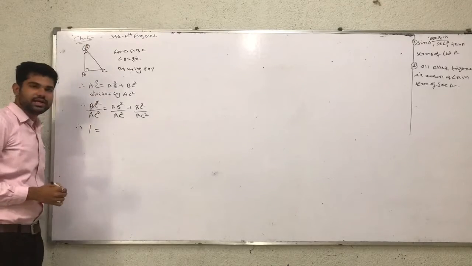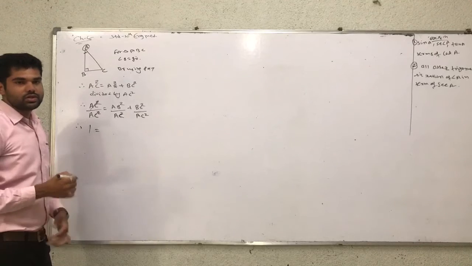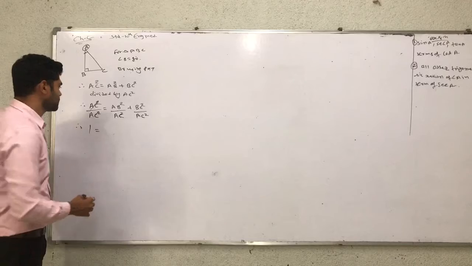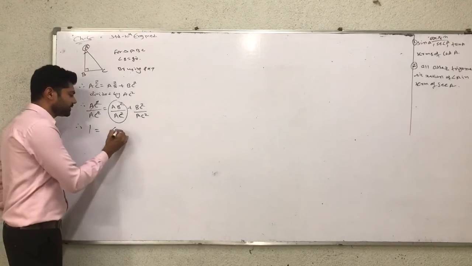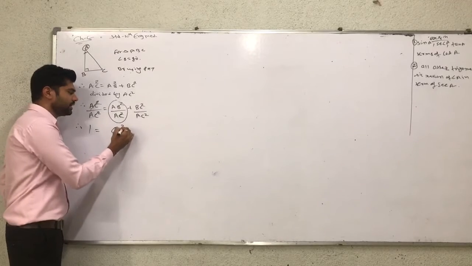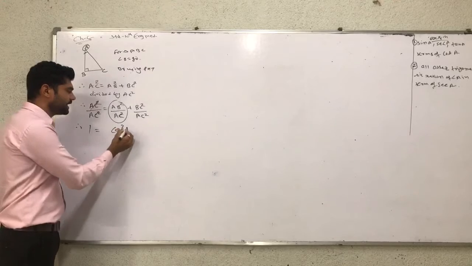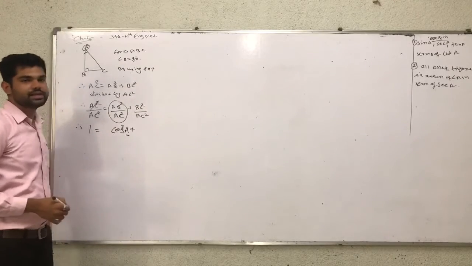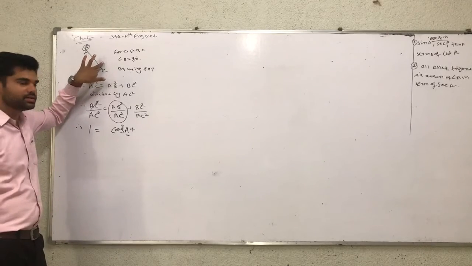AB means the adjacent side and AC means the hypotenuse. So adjacent divided by hypotenuse is the value of cos. So in place of AB divided by AC we take cos square, therefore according to angle A, cos square A. Now BC divided by AC according to angle A, BC is the opposite side and AC is the hypotenuse.